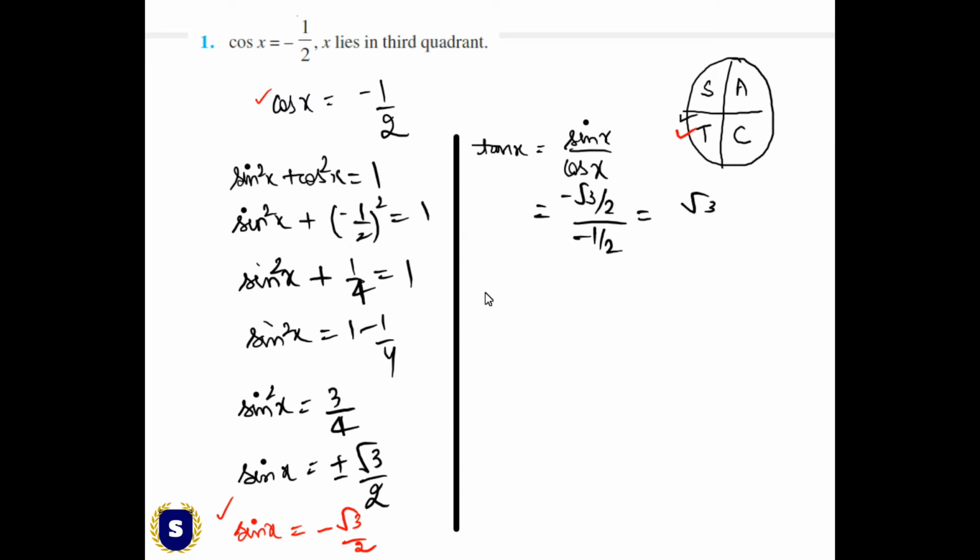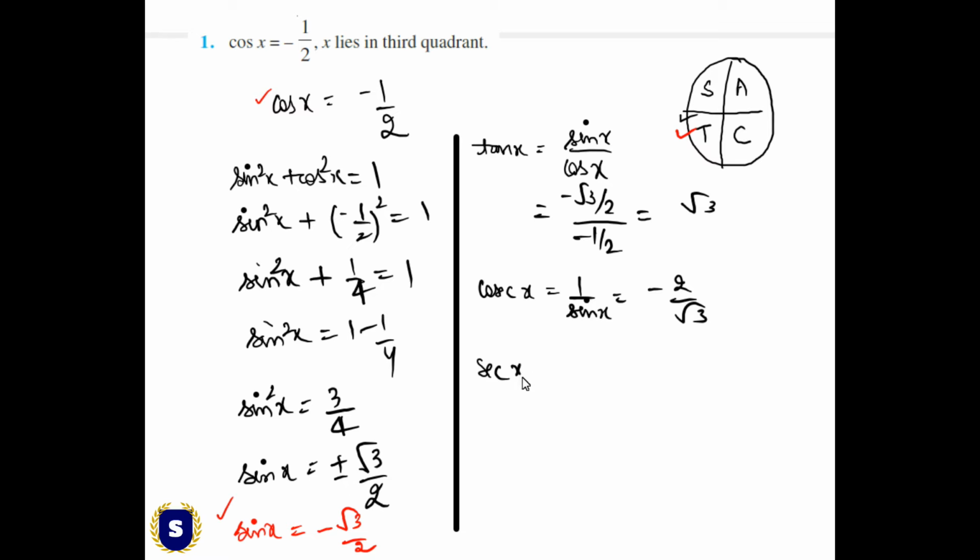Now you can calculate the reciprocals of all these three trigonometric functions. Like cosec x is equal to 1 by sin x, means you have to take the reciprocal of the value of sine, so you will get minus 2 by root 3.